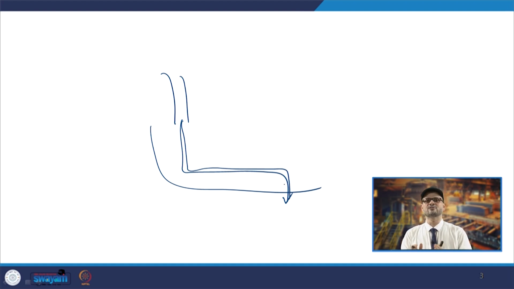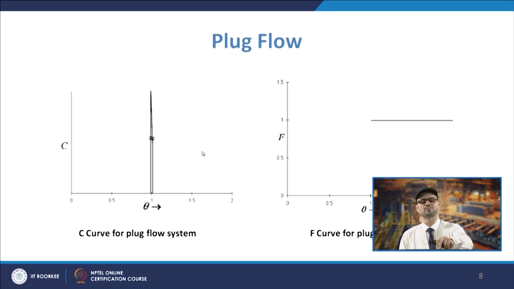It has not interacted with other fluids, either in a longitudinal or transverse manner. It is basically volume by volumetric flow rate, that is your theoretical mean residence time. It has maintained its identity and come out without mixing. That is your plug flow in the case of the pulse input system.